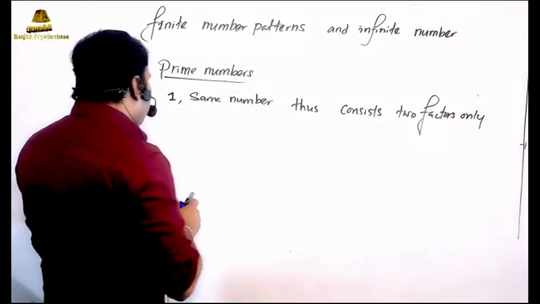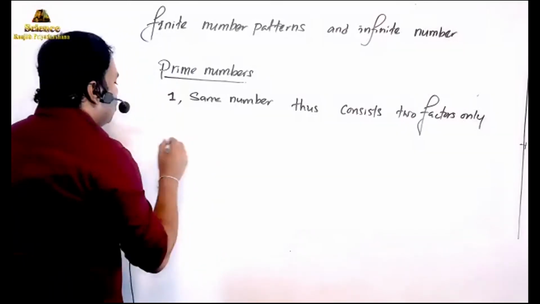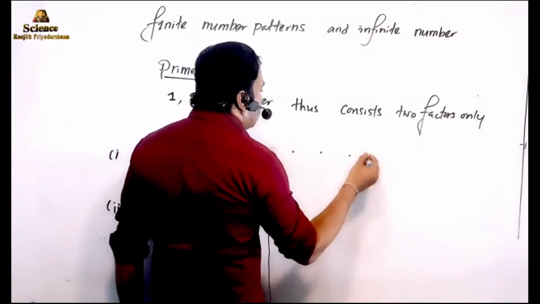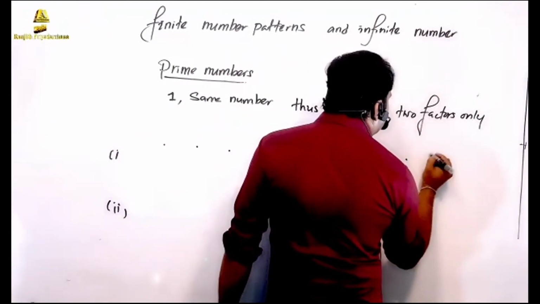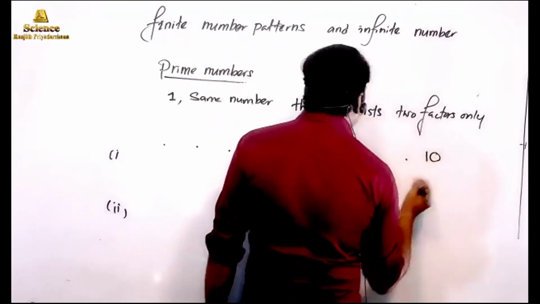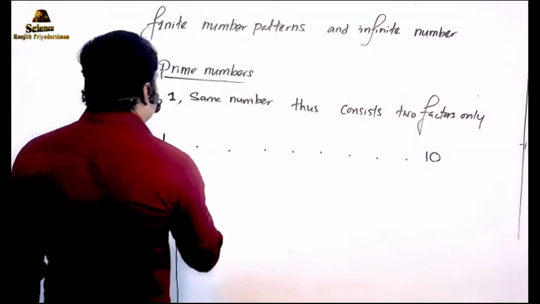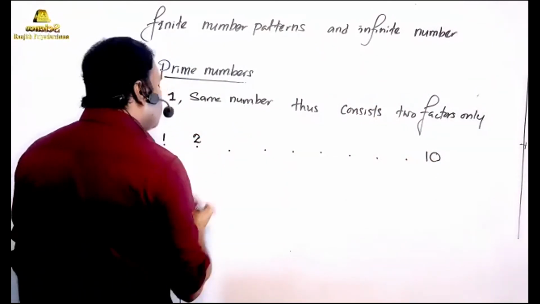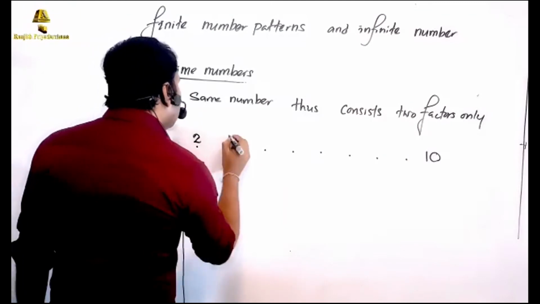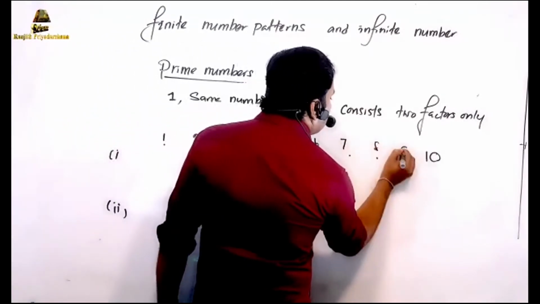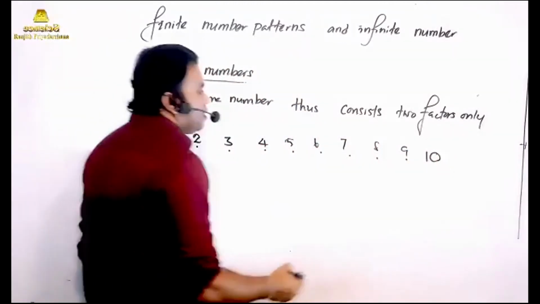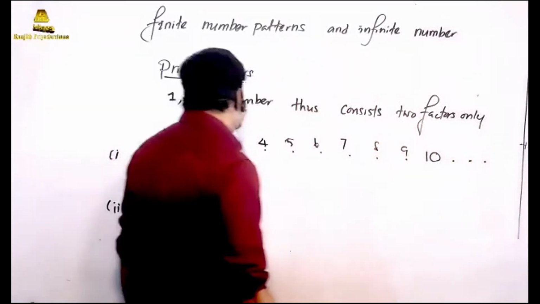If the 10th term, 1, 2, 3, 4, 5, 6, 7, 8, 9, 10. The 10th term is, let's consider, 10. First term is 1. Second term is 2. This is also a number pattern, counting numbers, and it is infinite. We know that.